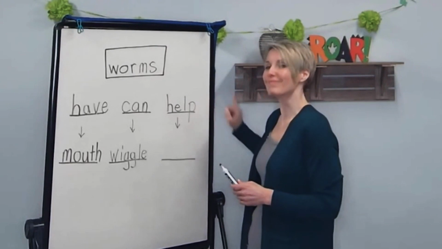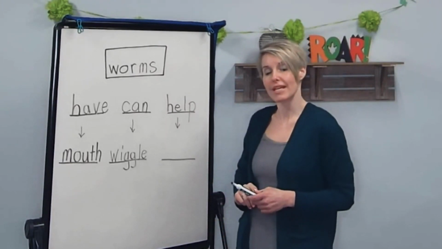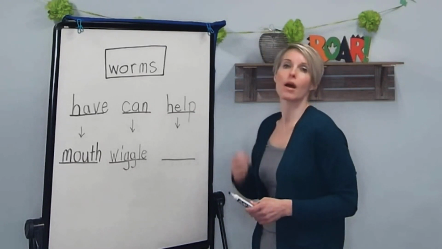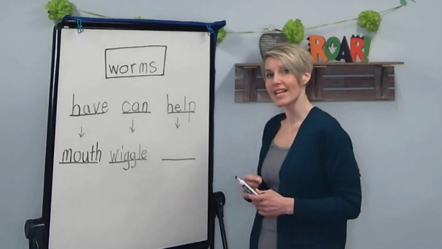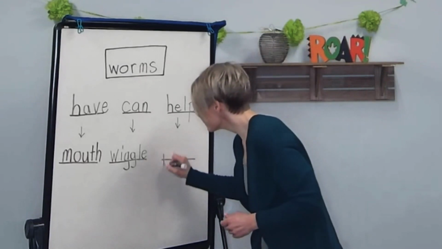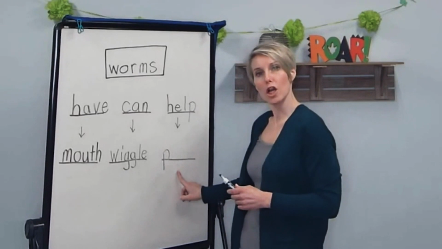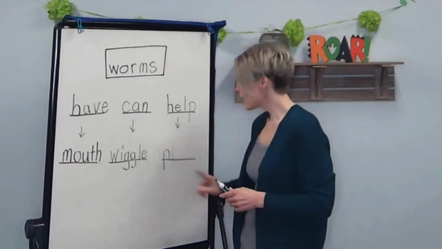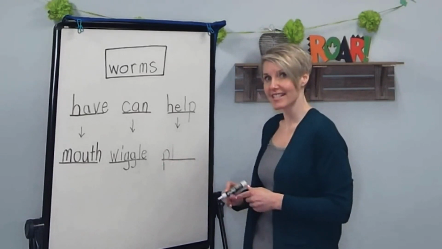Worms help plants. Our last word we're going to write on our map is plants. Help me with the sounds in plants. P is the first sound. That's P. L, that's L. A is the next sound.